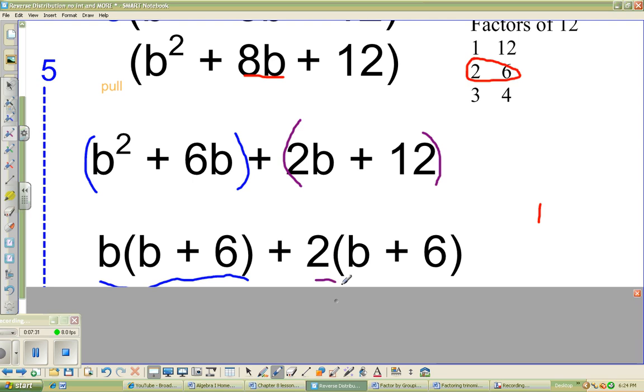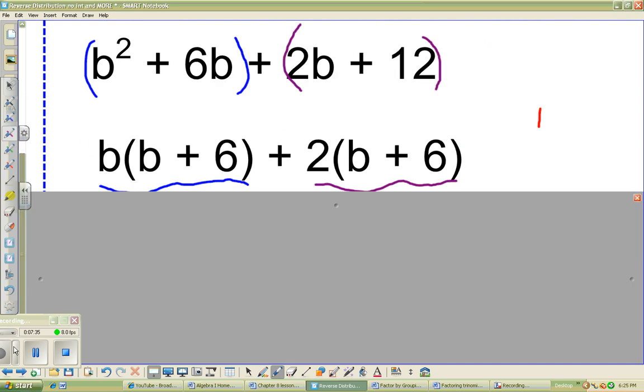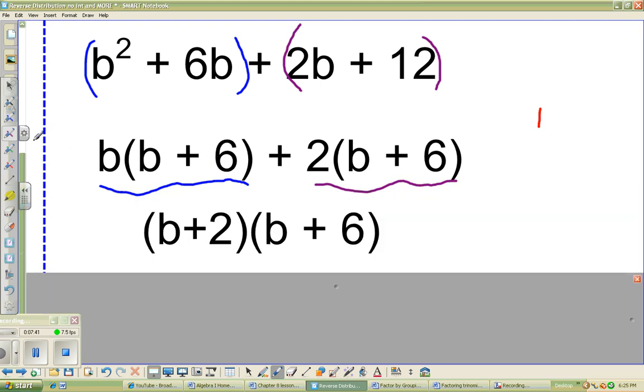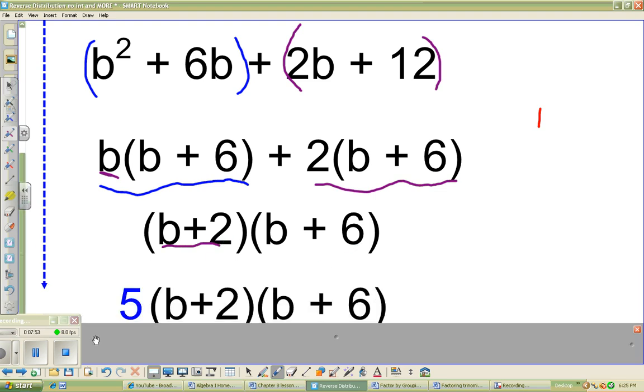And we're left with b plus 6. Then we take the two b plus 6 terms, and we see they're multiplied. B plus 6 is multiplied by b and by 2, so we get the b plus 2 multiplied on b plus 6. But don't forget the 5.